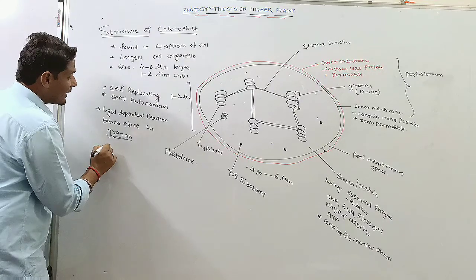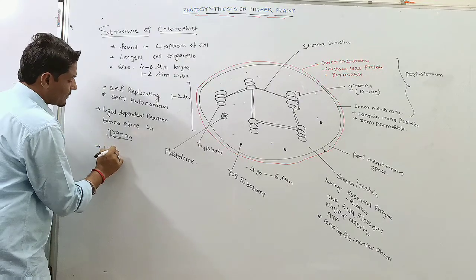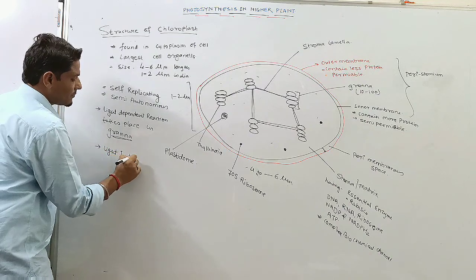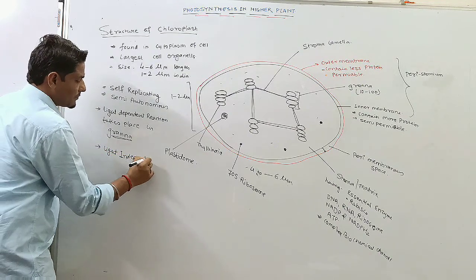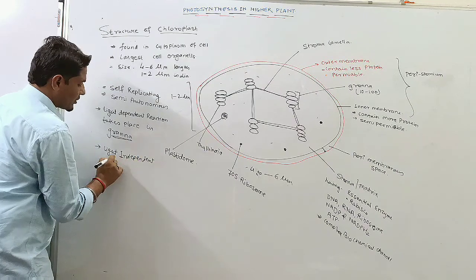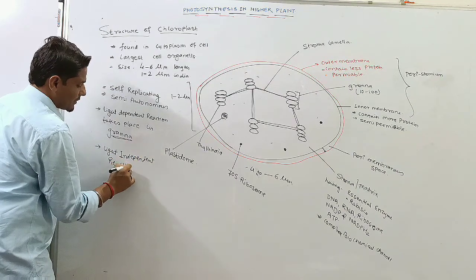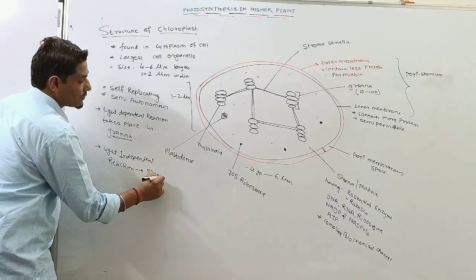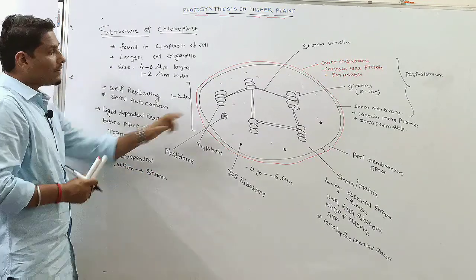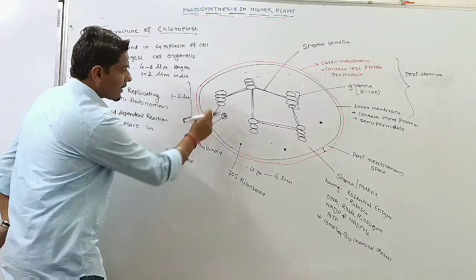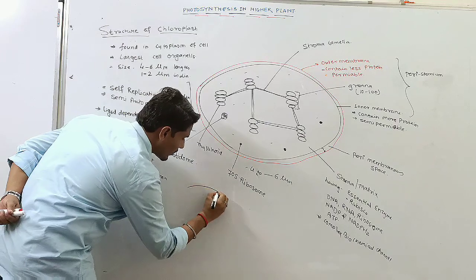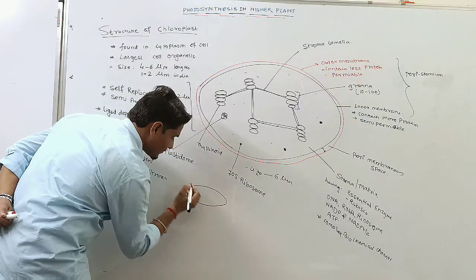Whereas light independent reaction takes place in stroma. Okay, so when we take one single thylakoid, this is the structure of thylakoid.